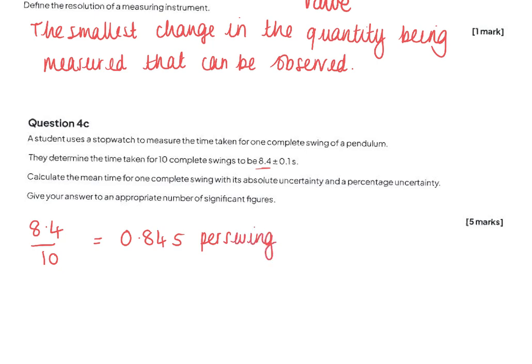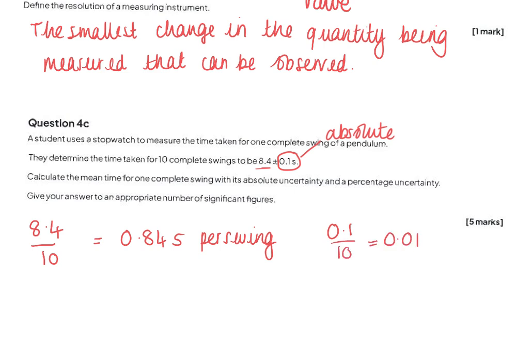Then we've got to look at our absolute uncertainty. We haven't looked at this before, but just so you know, the absolute uncertainty here, 0.1, is for 10 swings. If we're going to do it for just one swing, we've divided our number by 10, so you are also going to divide the uncertainty by 10 as well, 0.01.